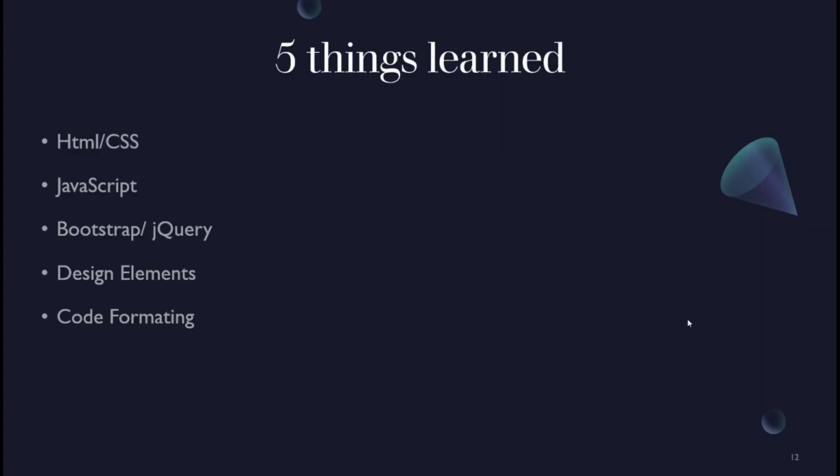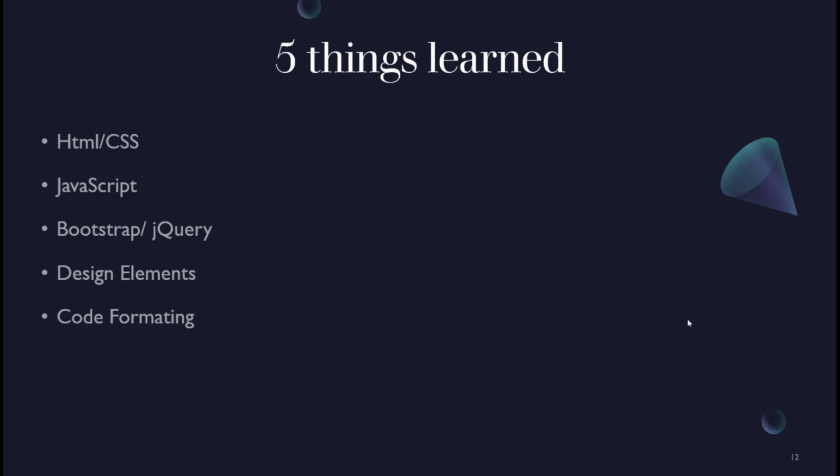Five things that I've learned: HTML and CSS. I had some background knowledge on it, but I learned so much because they weren't teaching me everything. JavaScript for sure. Bootstrap and jQuery were some of the biggest things that I've learned in this course.